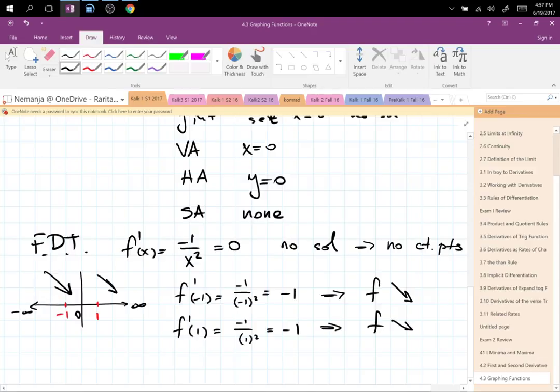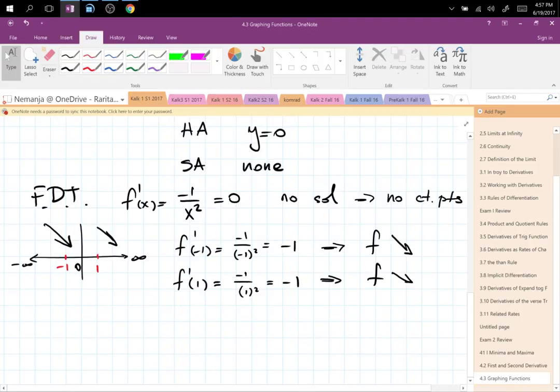So the function is always decreasing, but there is a vertical asymptote at 0. So I'm going to say f of x is decreasing on -∞ to 0, union 0 to ∞. So over the entire domain, the function will be decreasing because of the first derivative test.